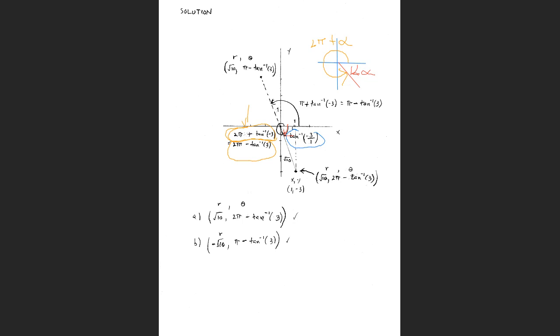The reason, Marcus, we have to use the arctangent of -3 is we don't know what this angle is, this red reference angle. We don't know what angle the arctangent of -3 is.